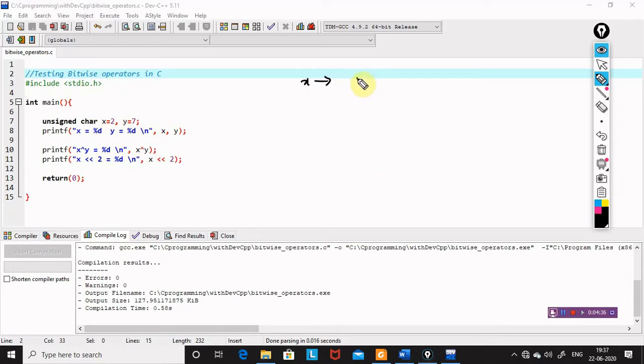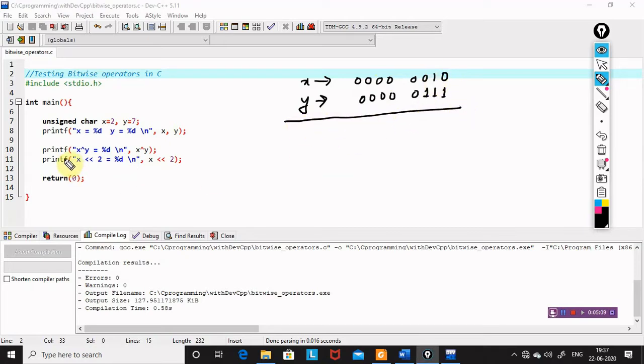That means they correspond to 1 byte, and 1 byte means 8 bits. So expressing the decimal number 2 as an 8-bit binary number, we should write it as 0000 0010, and y as 0000 0111. Fine.